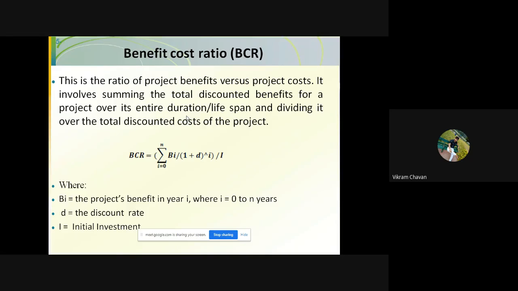We have to discount the benefits which we are going to earn through that project, and that will consider the time value of money.